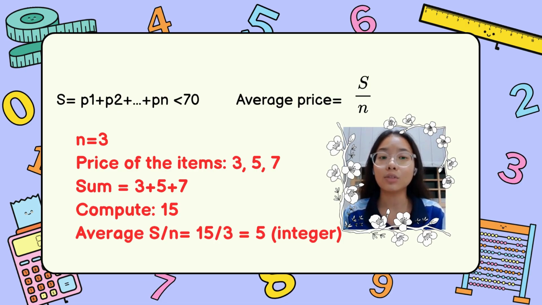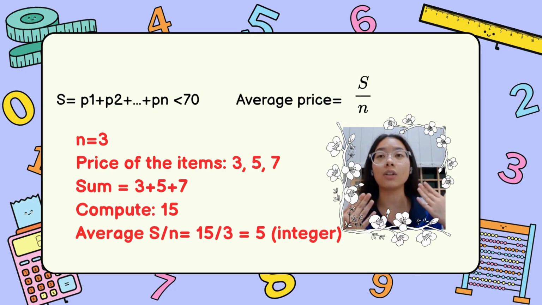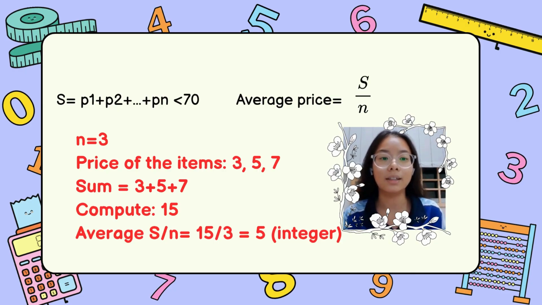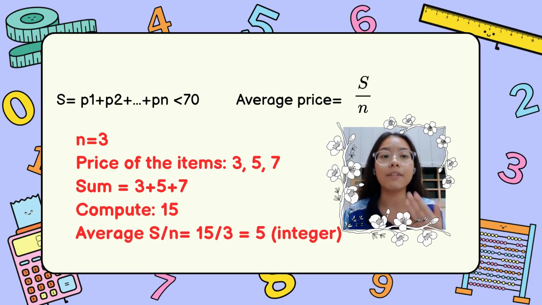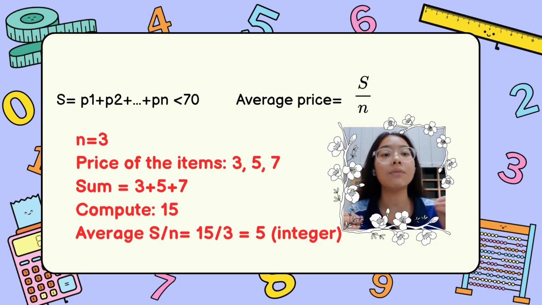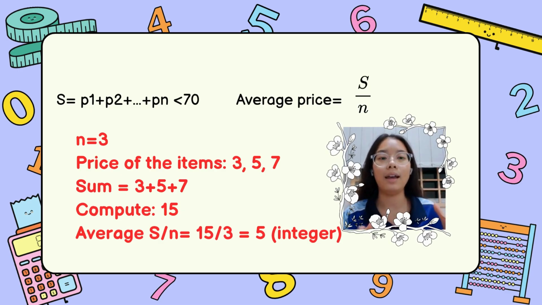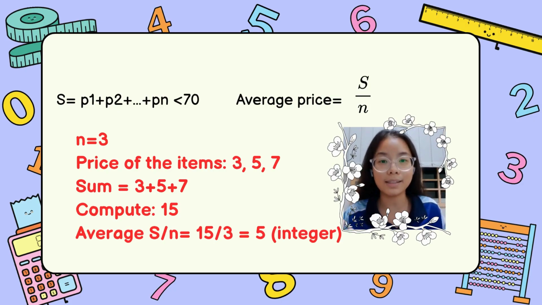We get answer 3, and we have to calculate again. 3 plus 5 plus 7: is the total bill less than 70? Yes, it is less than 70 because the total bill is 15. And the average price is 15 over 3, which gives 5, and it is an integer. Hence, n equal to 3 is our final answer.